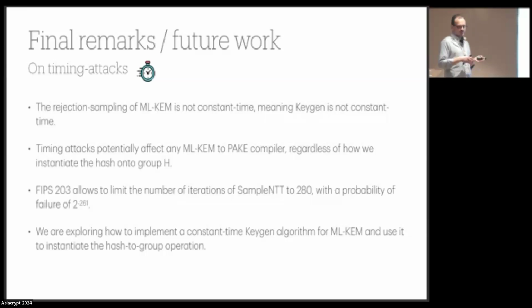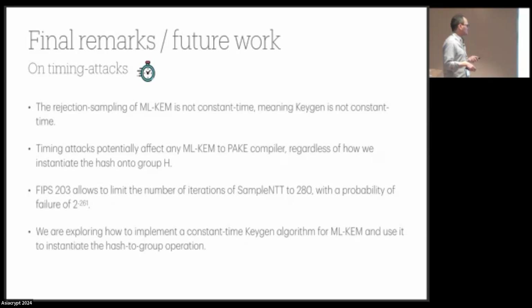So the way that we implemented it, we used exactly the key derivation function that was used in Kyber, but the problem is not only for our particular protocol. Any Kyber-to-PAKE protocol, since the underlying KEM uses rejection sampling, we have to be careful with timing attacks.